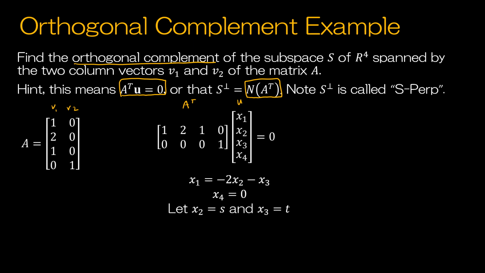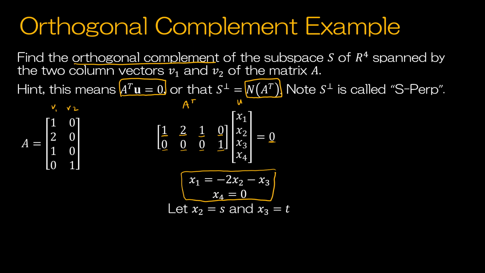Well, we know that this means 1x1 plus 2x2 plus 1x3 plus 0 is equal to 0, and 0x1 plus 0x2 plus 0x3 plus 1x4 is equal to 0. So that's these two equations. I've taken that first equation and rewritten it so that x1 is isolated. I can see that x1 depends on x2 and x3, and x4 is simply 0.